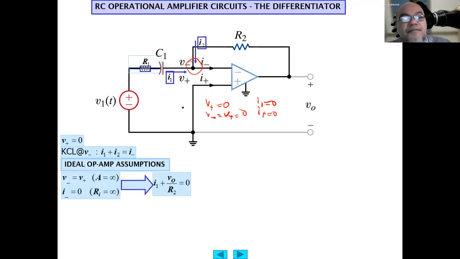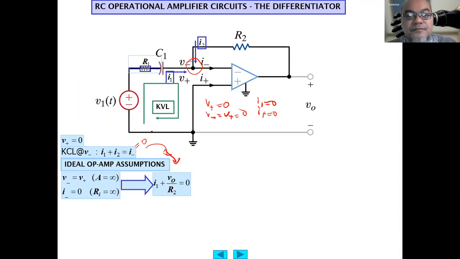Using the ideal op-amp assumption that V minus equals V plus equals 0, and I minus equals 0, this means the sum is 0. I2 equals V output minus 0, divided by R2. So KCL becomes I1 plus V out divided by R2 equals 0.